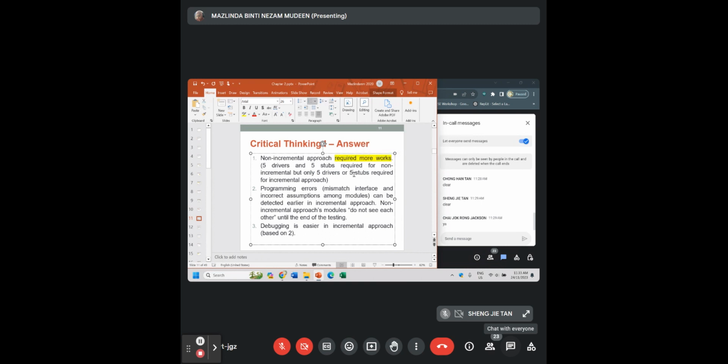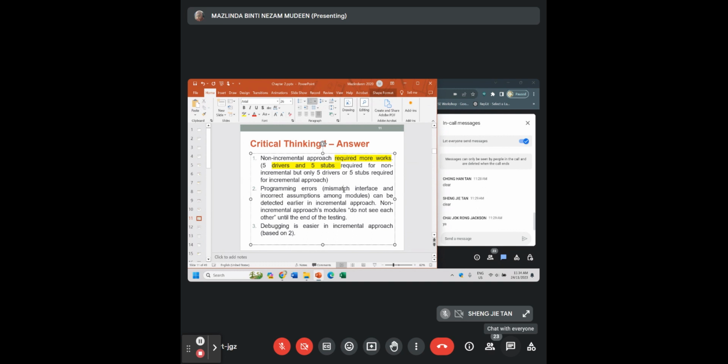This is because in the non-incremental approach, each of these modules will be tested individually. So when we use the non-incremental approach, we will need a driver and we will also need a stub. This is based on the diagram just now. We will need both of them.